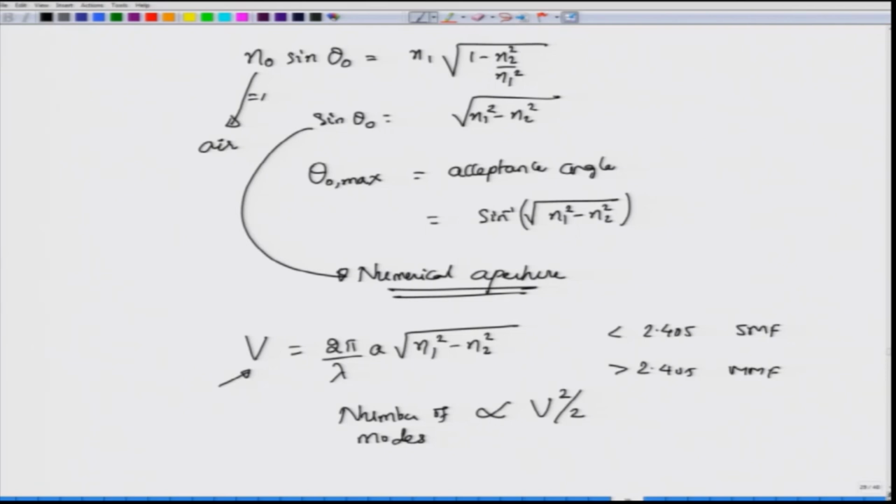So, this is what you have about some of the important parameters of the optical fiber. When you go to market and buy an optical fiber, you are looking for a numerical aperture, its acceptance angle, and of course the V number, which is determined by the geometry of the optical fiber itself, what is its core radius and things like that.